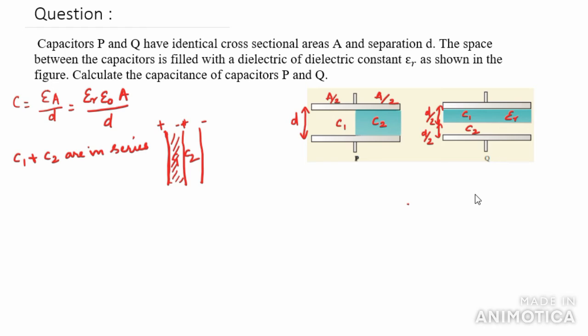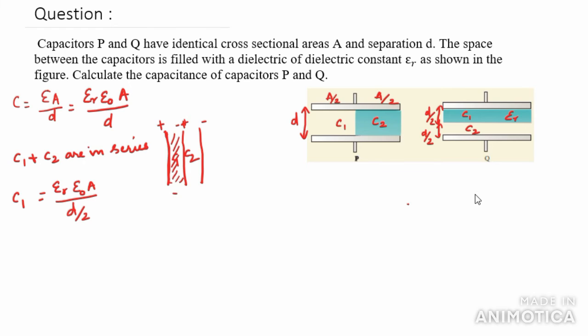First we'll find the capacitance of C1, which has the dielectric medium, so it is epsilon r epsilon naught A by D by 2.